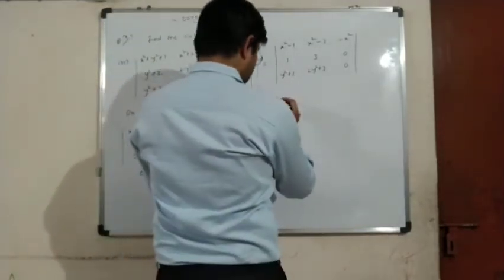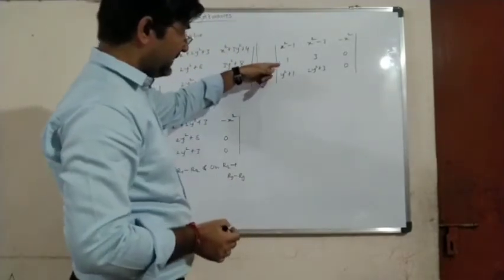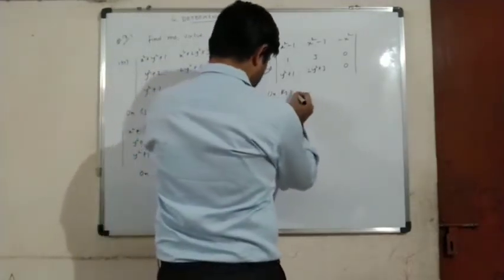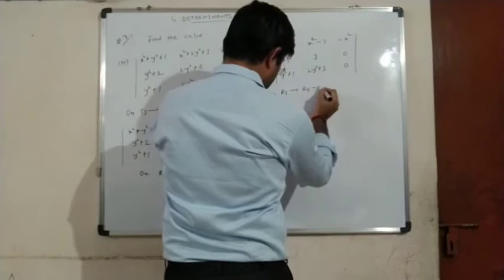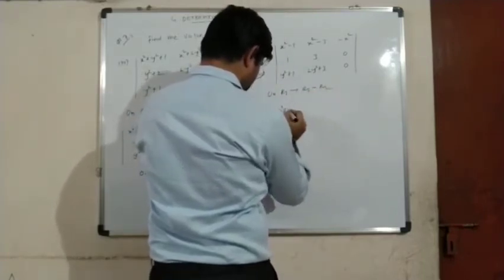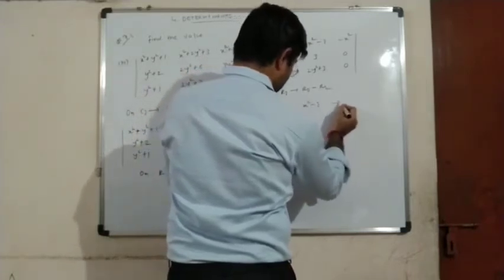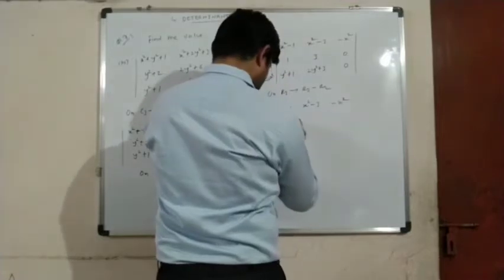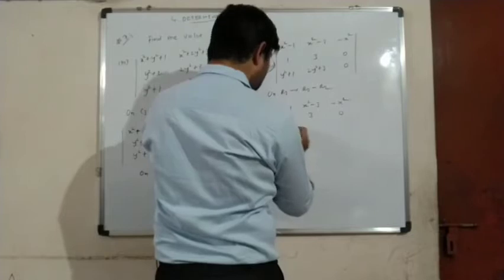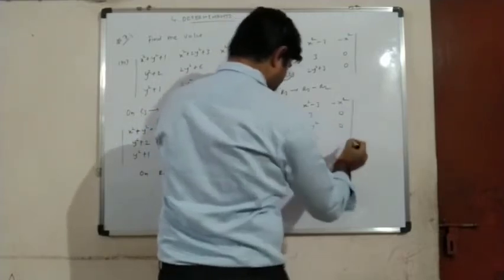So let me do one more step only. From R3 I will subtract R2, so I will get x square minus 1, x square minus 3 minus x square, 1, 3, 0, y square, 2y square, 0.